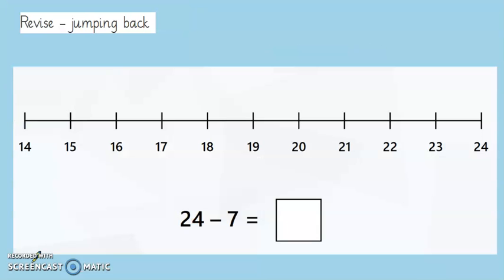Another way of doing it is by drawing ourselves a number line and jumping back the correct number of jumps to take away the correct number. So just as we practiced, we started this last week, you will need to draw a number line in your book. The number line will be 10 squares long.